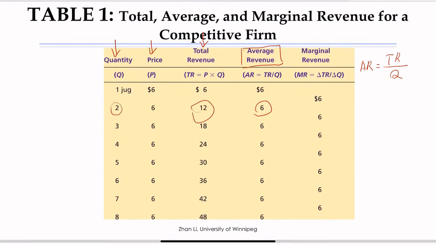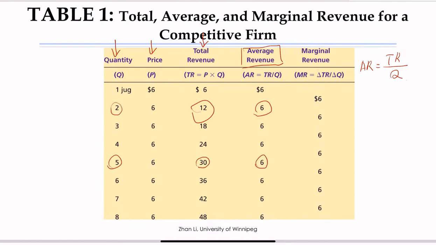So you can see that total revenue is 12, quantity is 2, and then average revenue would be 6. Of course, you could also use these two numbers. So you can see that at quantity of 5, average revenue is 30 divided by 5, which gives you 6.